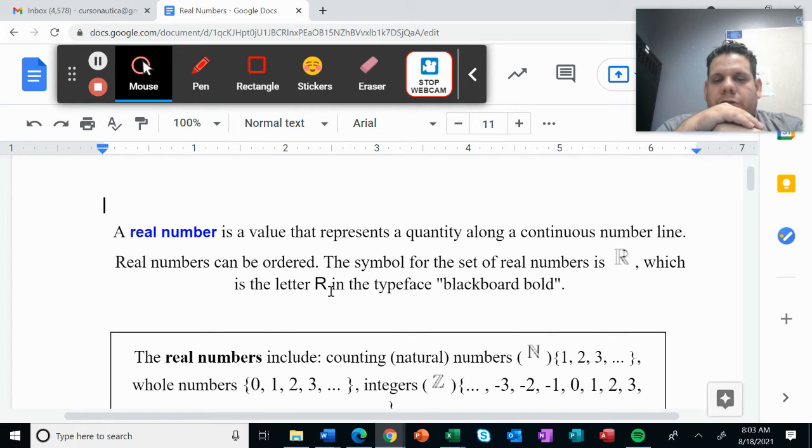The real numbers include the counting, natural numbers, and this is the symbol for the set of natural numbers. Natural numbers are the numbers that we use every day. Most of the time we don't use zero to count anything, but we say something like $10, $20, 10 and a half gas gallons, 2 pounds of meat.